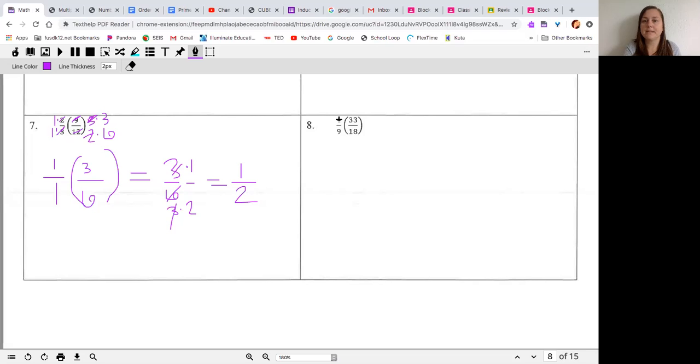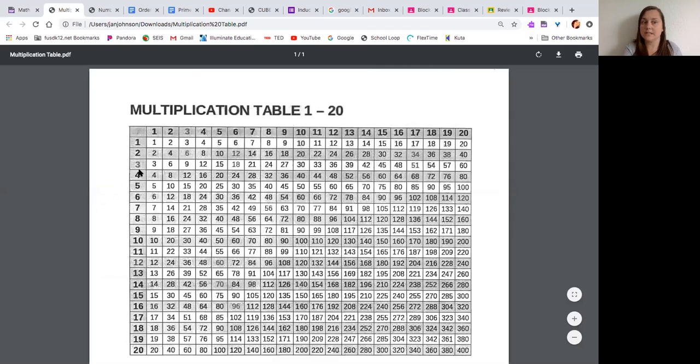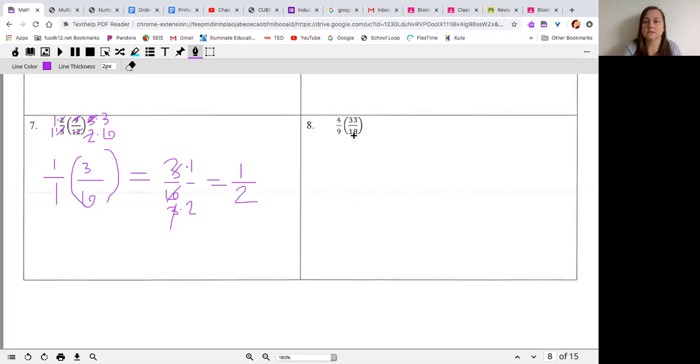Okay. So I have 33 and 18. So 4 does not go into 18 smoothly, correct? It goes into 16, but do 18 and 4 share any common factors? Okay, and they do. That factor would be 2 because 2 goes into 16 and 18. Or 2 goes into 4.